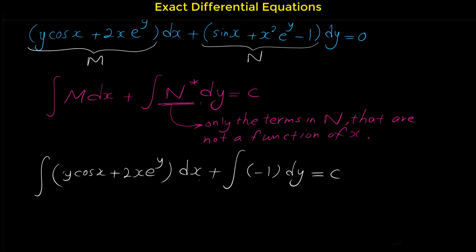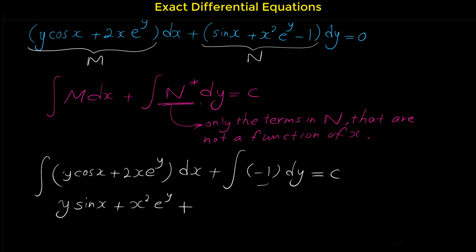By finding these integrals, we can find the solution. Integral of y cosine of x with respect to x is y sine of x. Integral of 2x e to the y with respect to x is x squared e to the y.